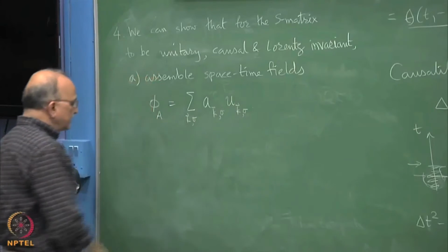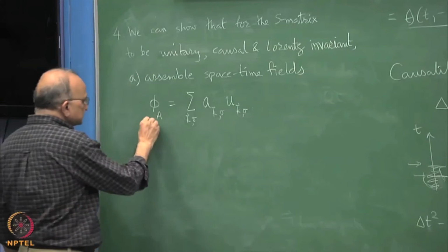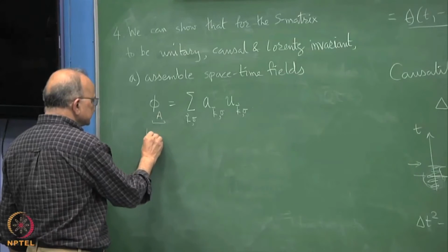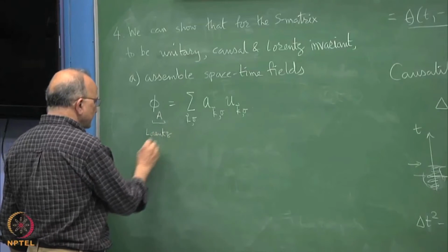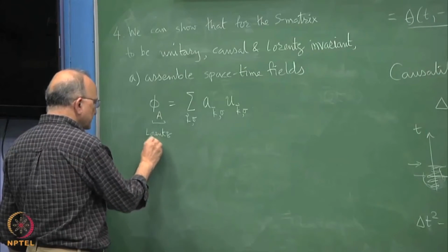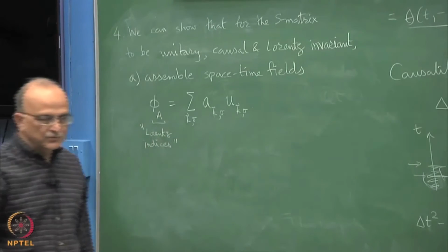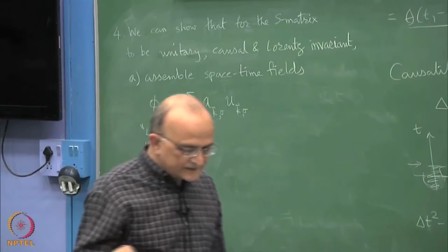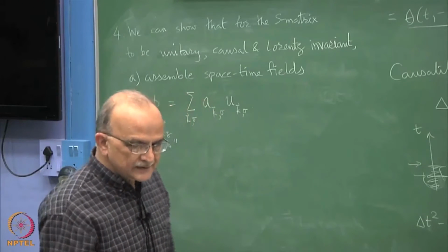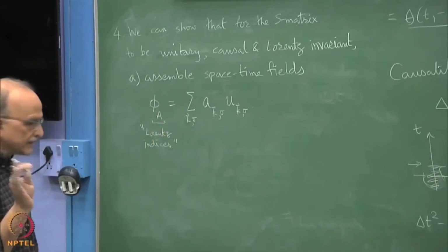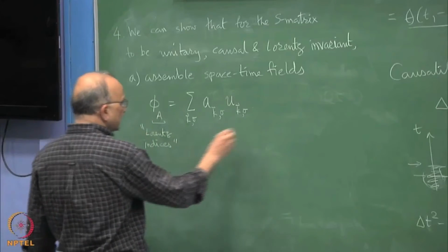So this A are except that they are not necessarily just a mu, not just space-time ones, but they could be spinor ones, but they represent the Lorentz group in the spinor rep. So somehow it is a Lorentz.